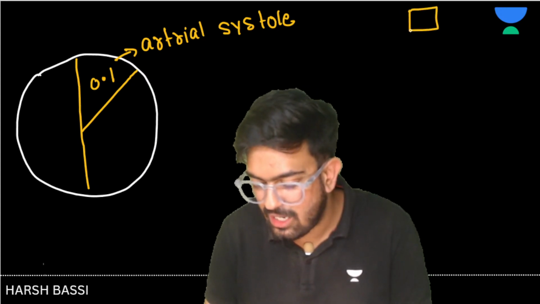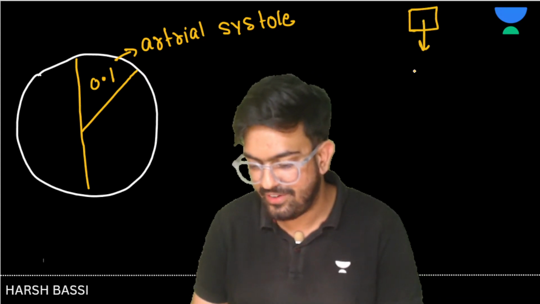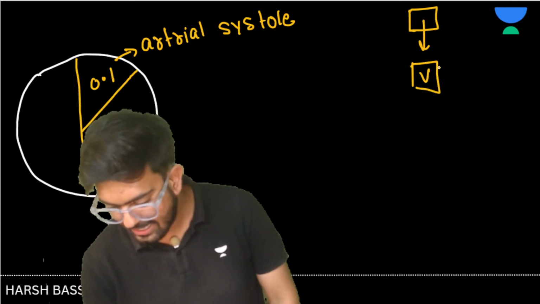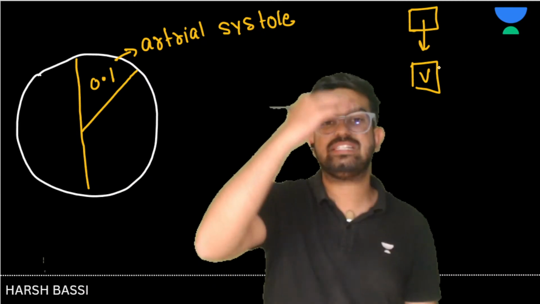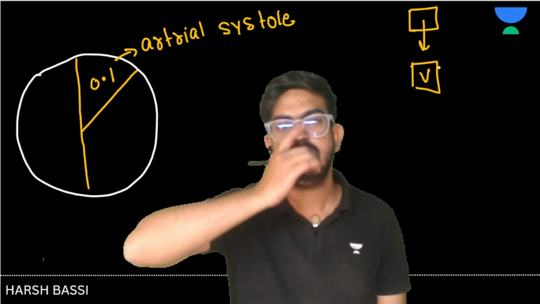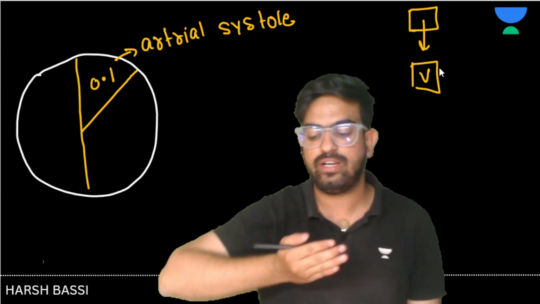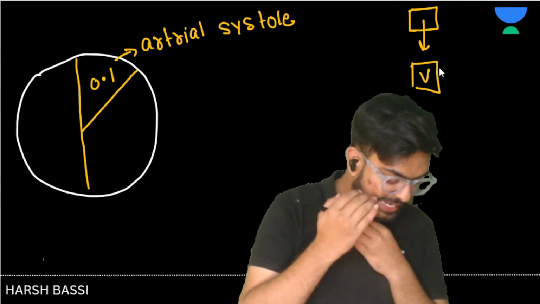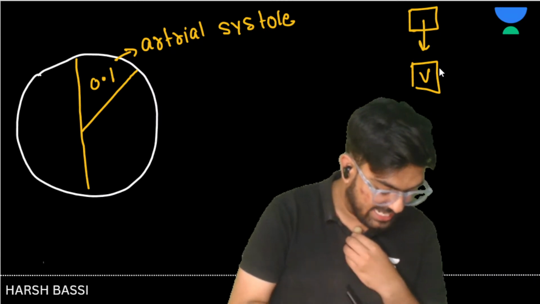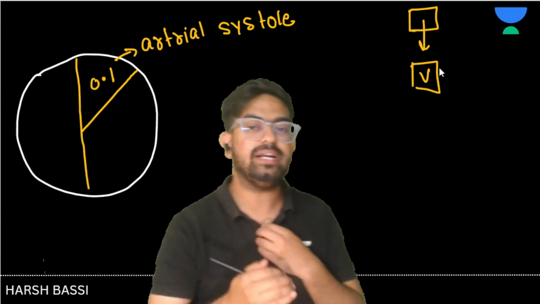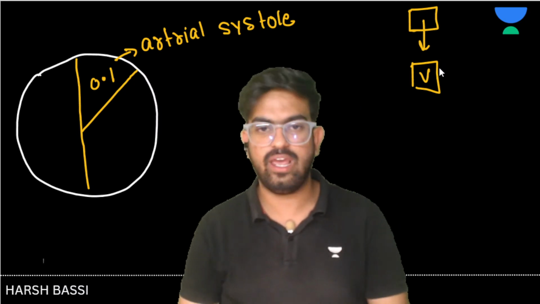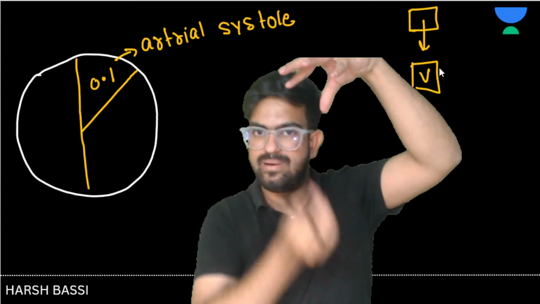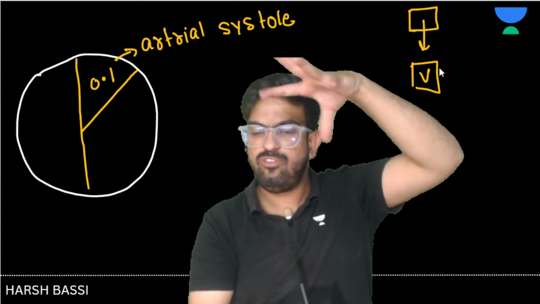Atria से कहाँ गया? वेंट्रिकल्स में. जैसे ही वेंट्रिकल्स में ब्लड गया, व्हाट हैपेंड? एवी वॉल्व बंद हो गया. यस और नो? आर्टेरियल सिस्टोल हुआ, वॉल्व खुला, ब्लड गया और एवी वॉल्व बंद.